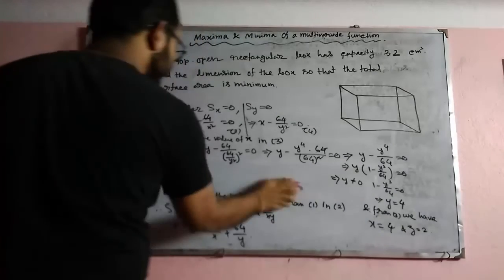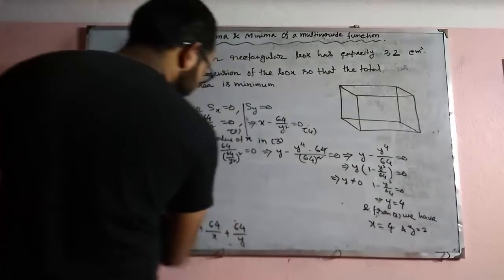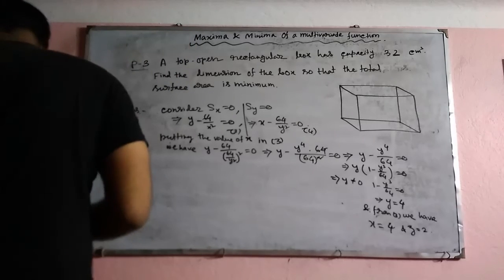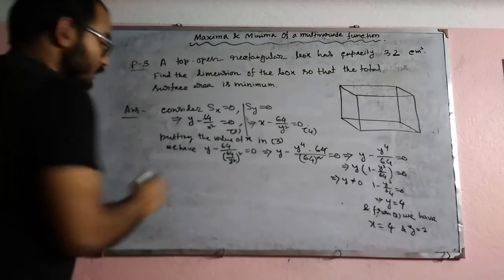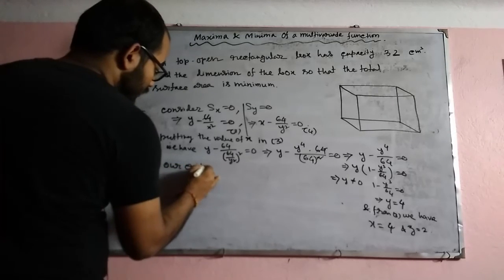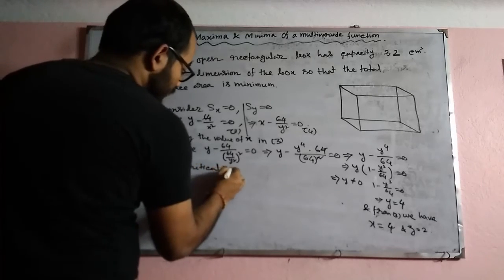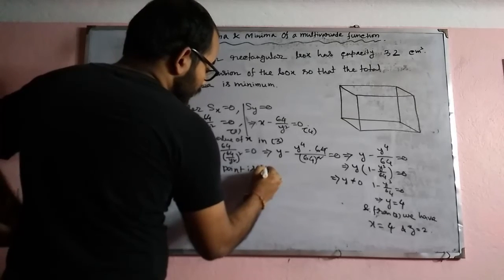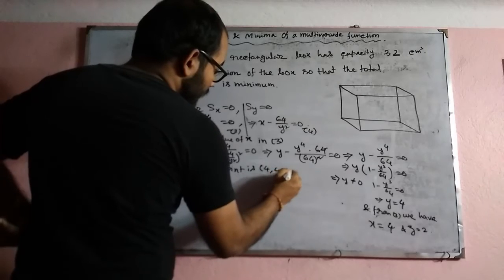So using all of this, our critical point is 4, 4, 2.